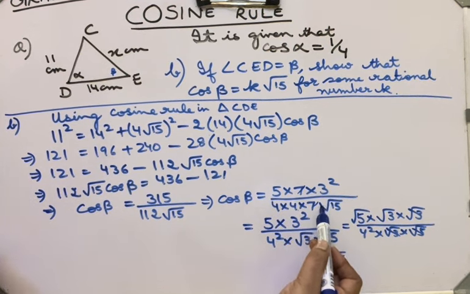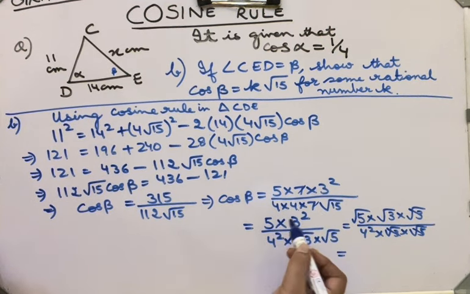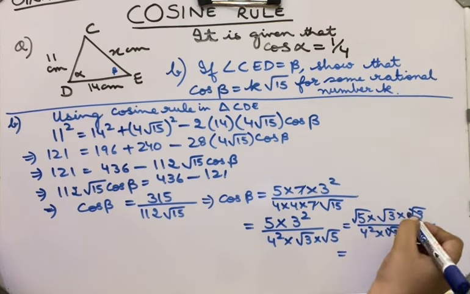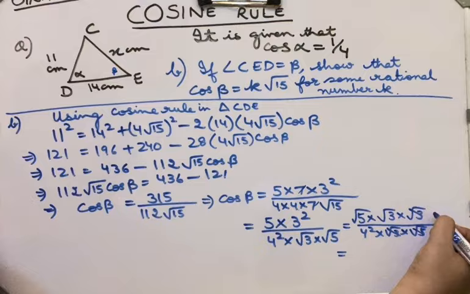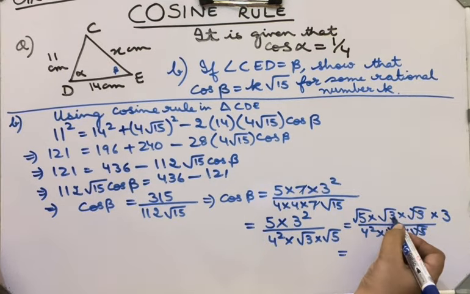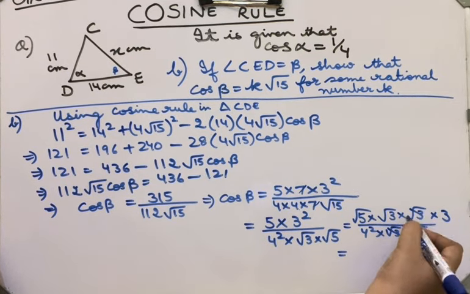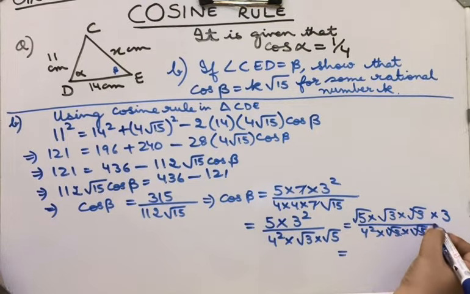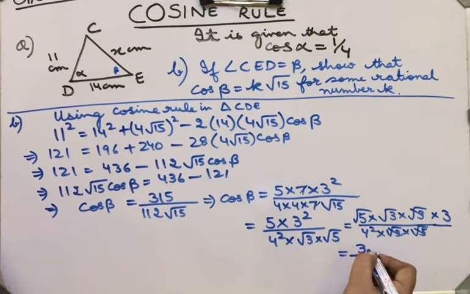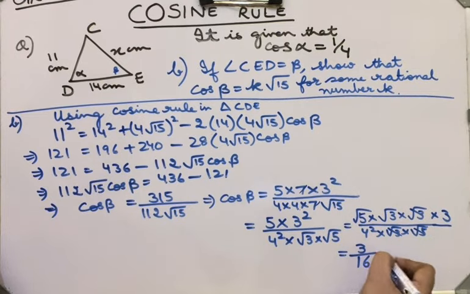I think I missed out here: multiplied by 3, yes, 3 square is root 3 into root 3 multiplied by 3. Yes. So we get the value 3 by 4 square is 16 root 5, so cos beta is 3 root 5 by 16.